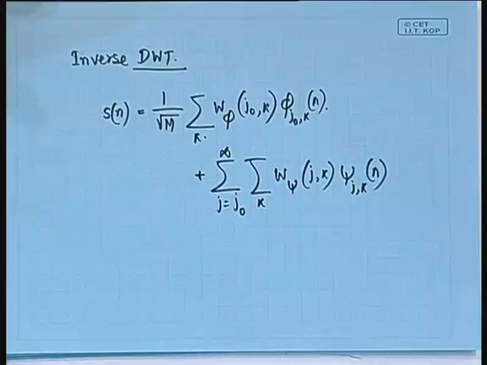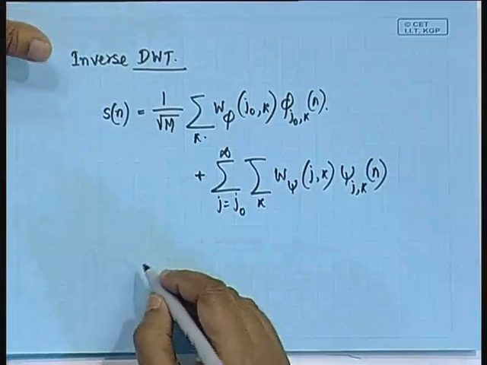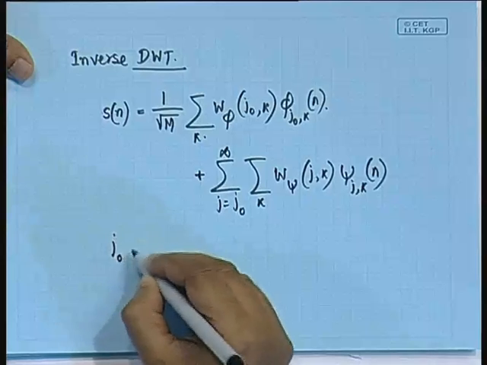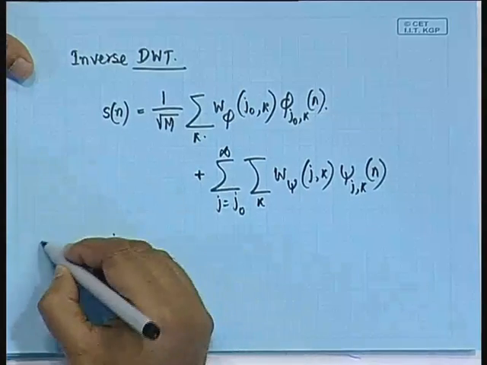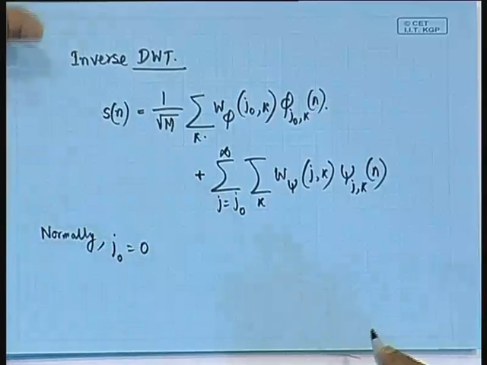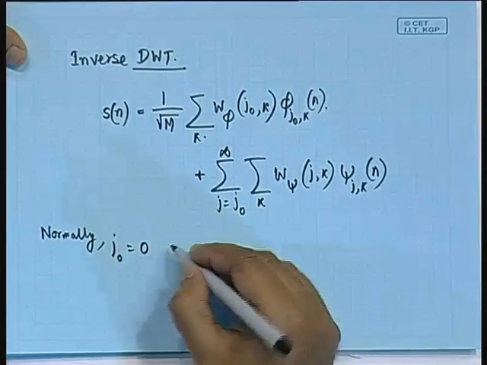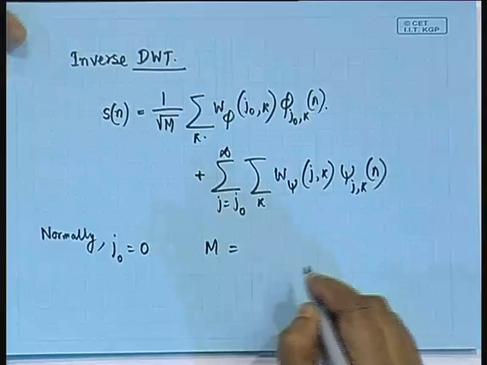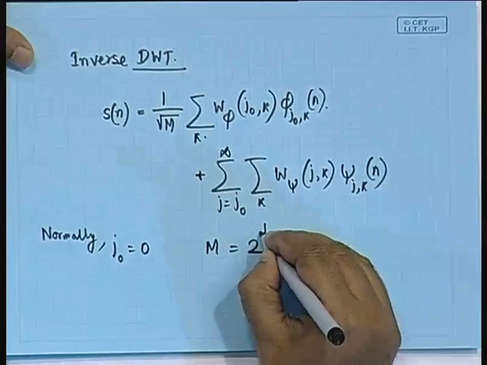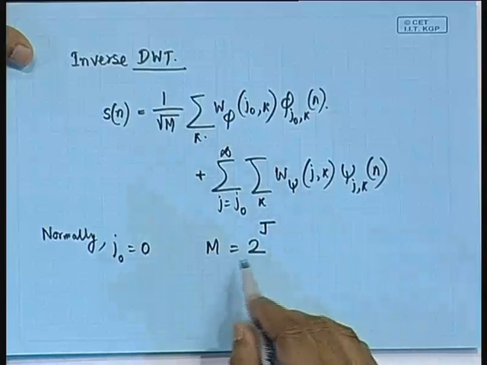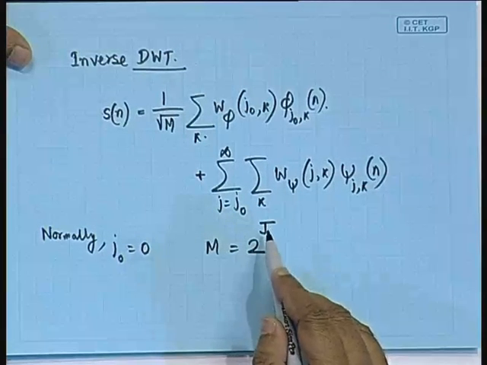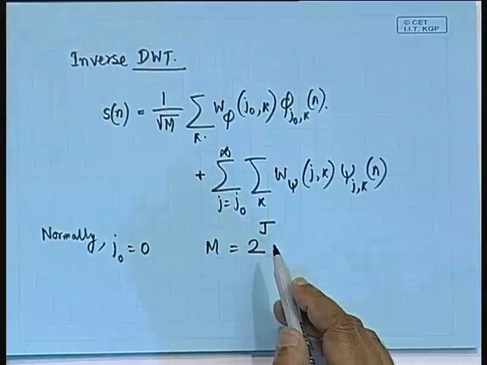Now, what we normally do is to choose j 0 to be equal to 0 and select M as some power of 2. So, say if I have M expressed as 2 to the power capital J, where capital J is an integer.